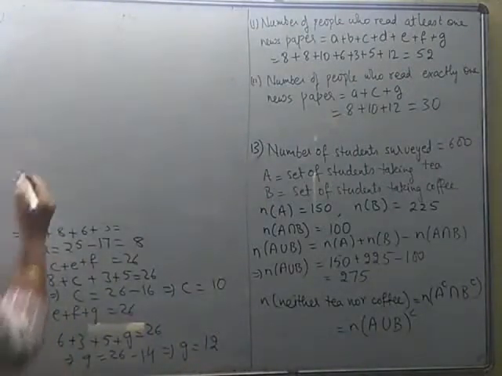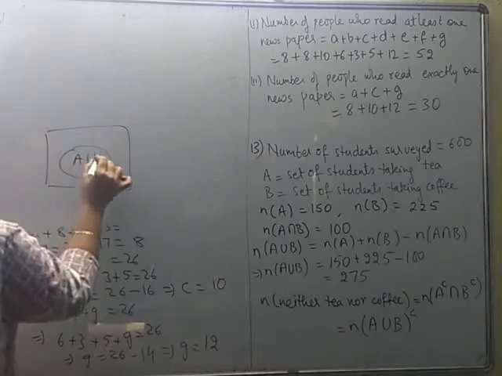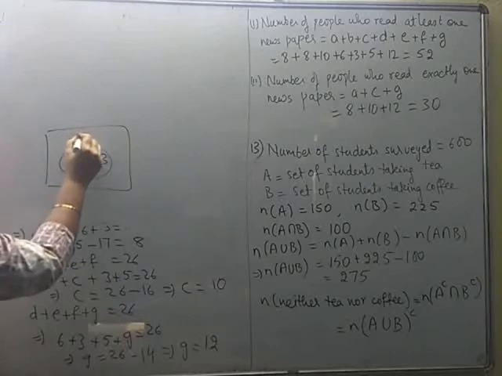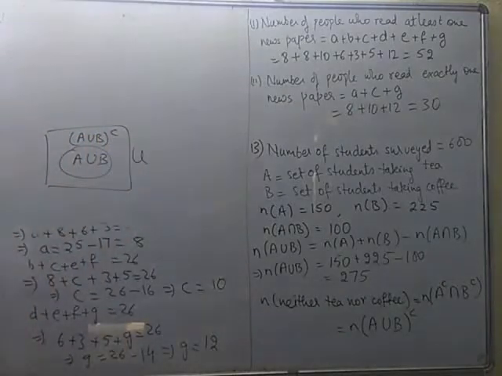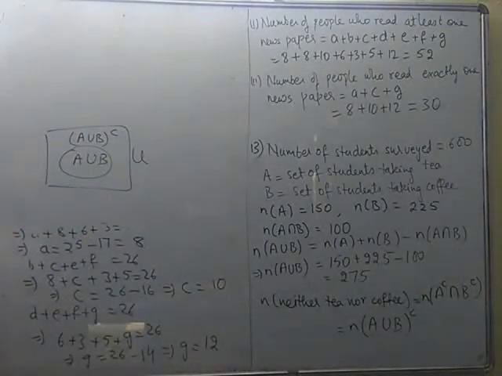See, if this is our universal set and this is denoting A union B. If this set is denoting A union B, then where is the complement of A union B? It is outside it. And this is your universal set. So looking at this diagram, you try to frame an expression for it.